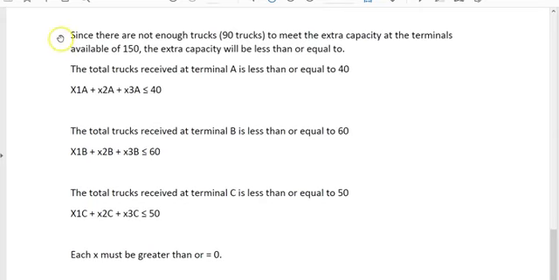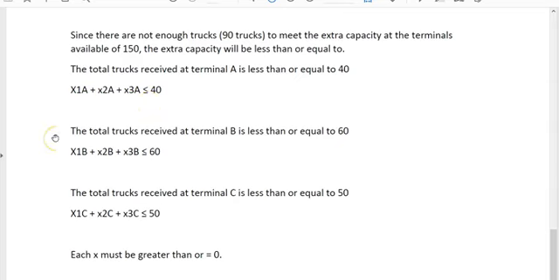Since there are only 90 trucks to meet the extra capacity of 150, the extra capacity constraints will be less than or equal to, because 90 is less than 150. So the total trucks received at Terminal A would be 1A plus 2A plus 3A, less than or equal to 40.